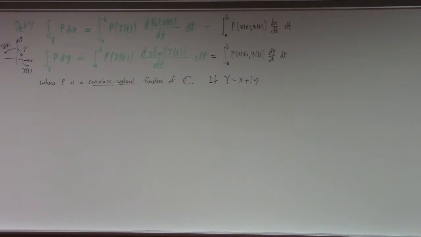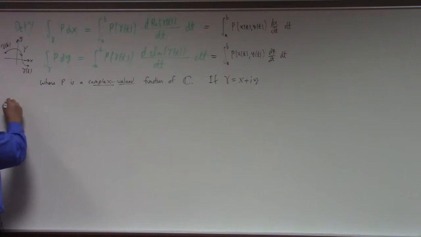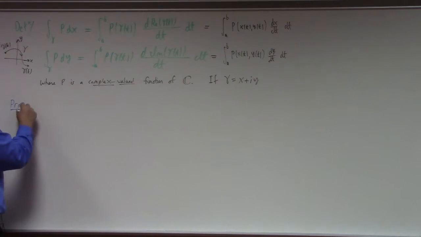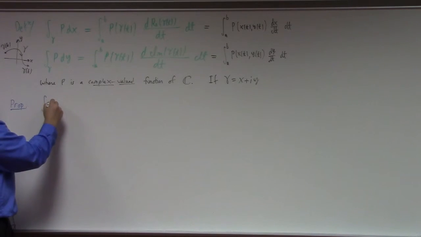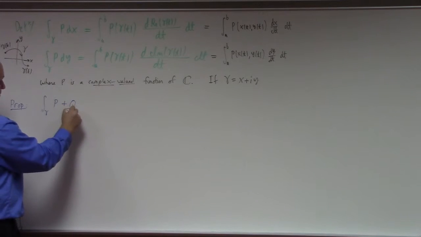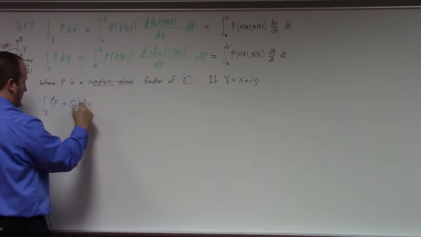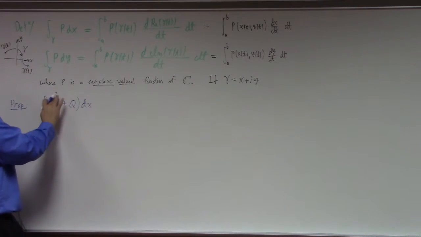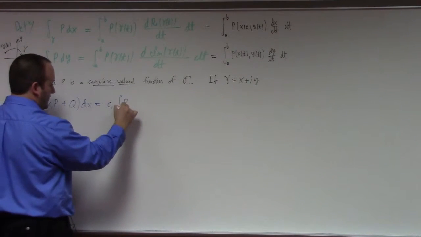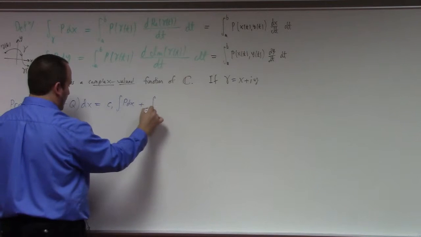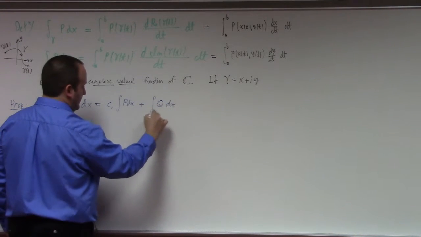Now, what are the properties of these? This is a new kind of integration. What are the properties? Let's see here. You have nice linearity, basically. If you have the complex integral of p plus q dx, and I've got a complex constant, let's say c1, that's equal to c1 times the integral of p dx plus the integral of q dx, like that.